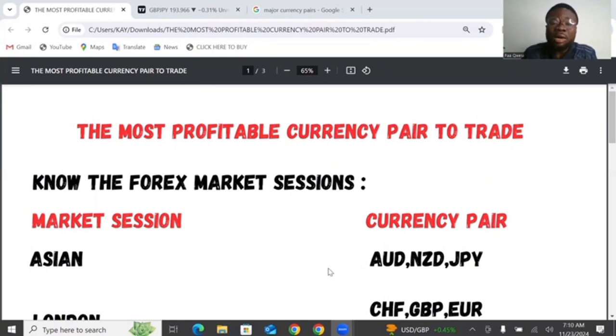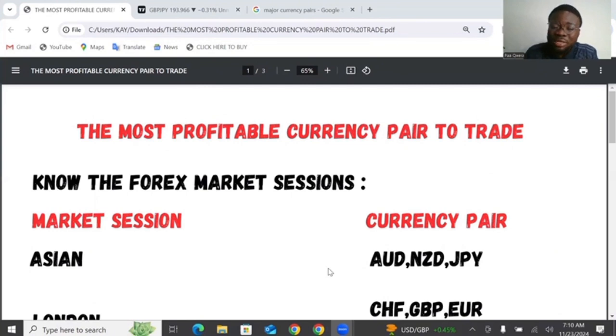When I talk about more volatility, I mean more people buying and selling using that currency pair to transact. So which currencies are included in the Asian session? We have the Australian dollar. It opens within the Asian session, so it is open during that time.